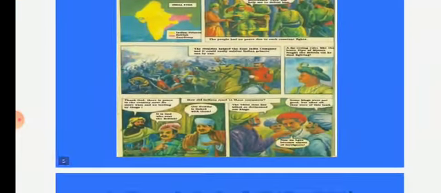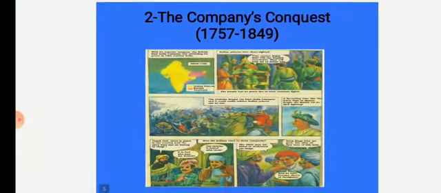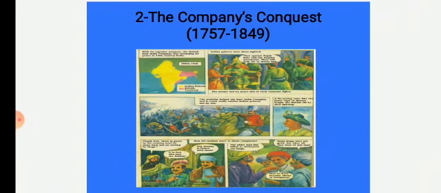The East India Company, you have heard about this in your history also, the company's conquest. What happened? The East India Company came to India for trade, but with its superior weapons and diplomacy, it extended its power in the 18th century. Indian princes were short-sighted. People in India had no peace due to constant fights among themselves.